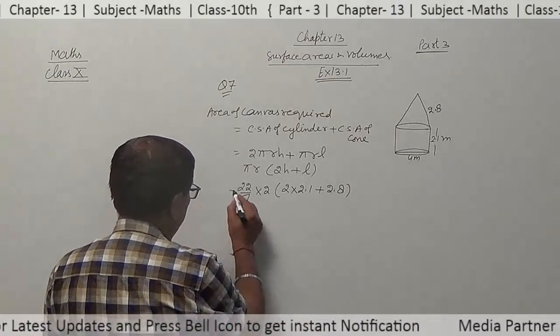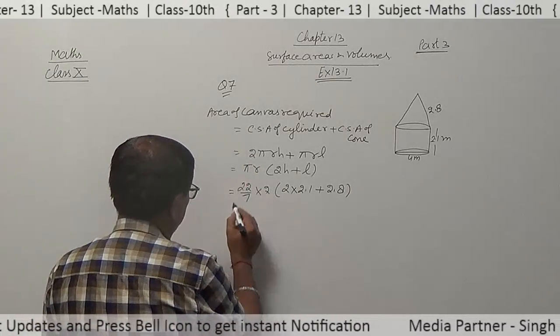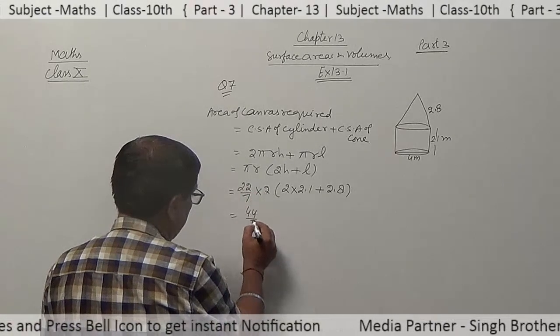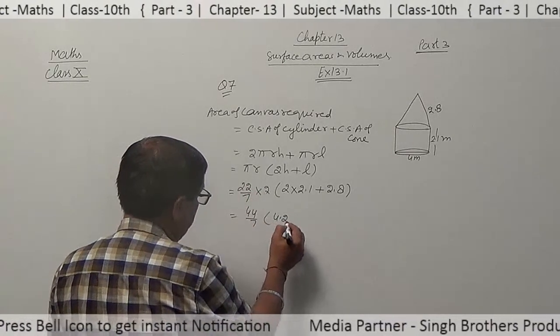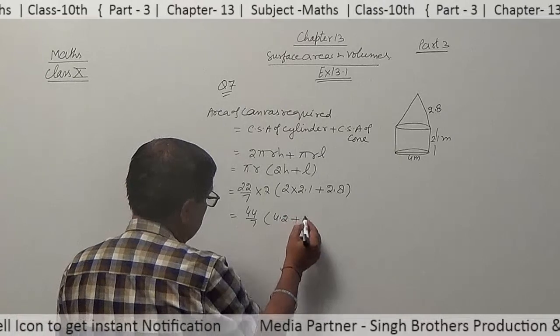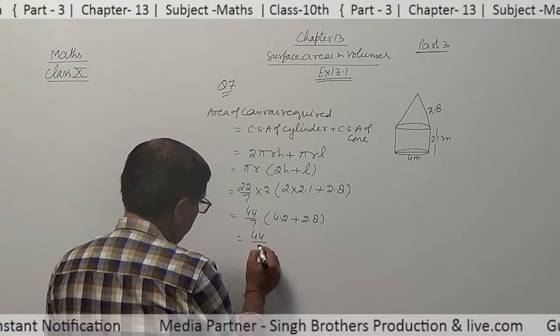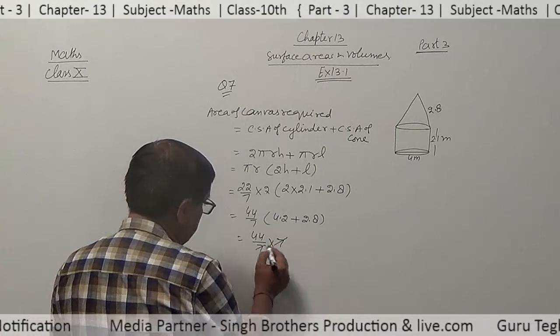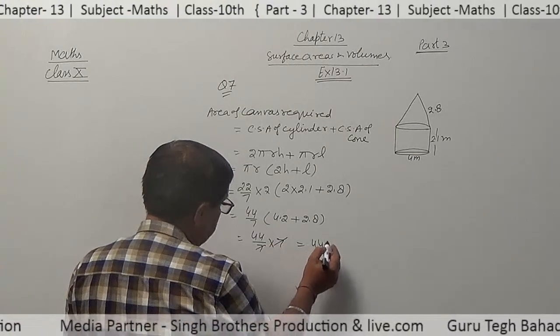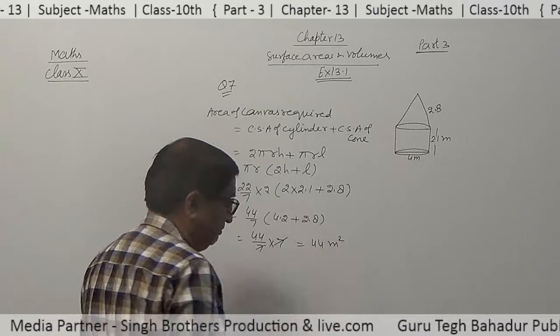So, it will be 44 upon 7, 4.2 plus 2.8, 44 upon 7 into 7, that cancels, 44 meter square.